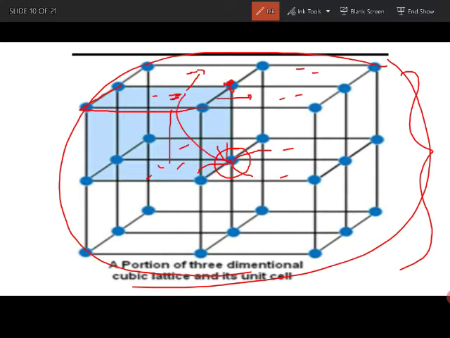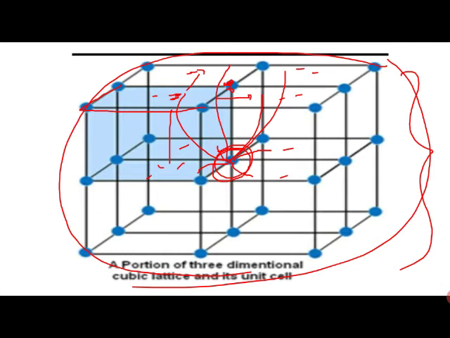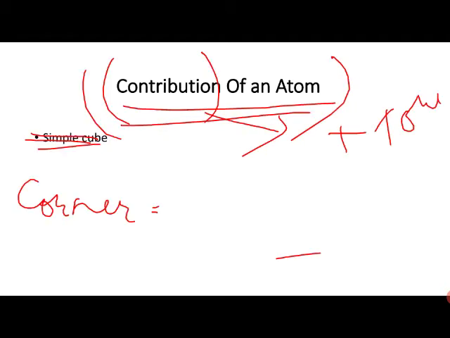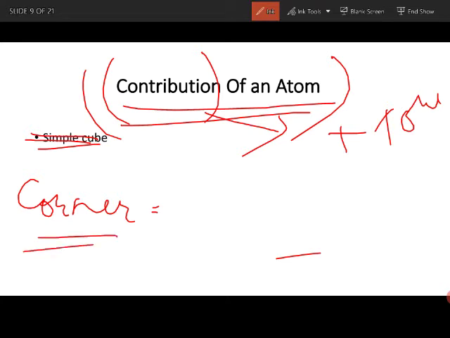This one, 1, 2, 3 and 4. That means one atom which is present at the corner can touch 8 unit cells. Am I clear to you? Please focus on the figure and try to analyze properly. It needs a little bit of visualization. So if the atom is present at the corner, it can touch 8 unit cells.